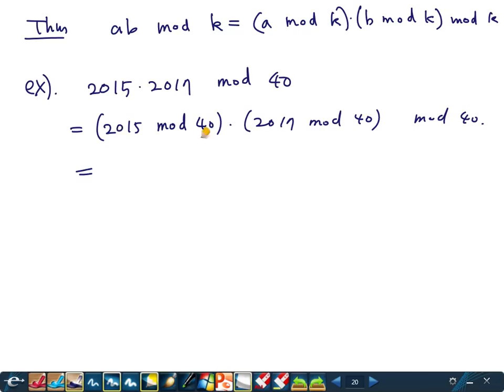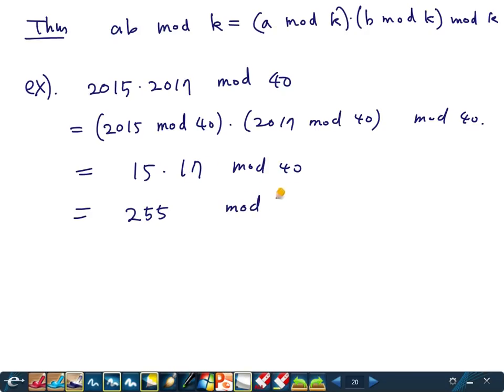We know that 2000 is divisible by 40, so it's going to be 15 times 17 mod 40, right? What is the product of this? 255? 16 minus 1 times 16 plus 1 is 16 squared minus 1.